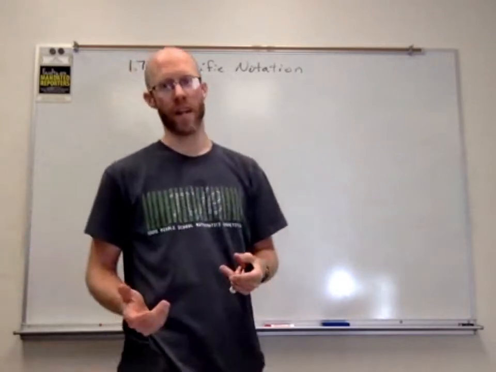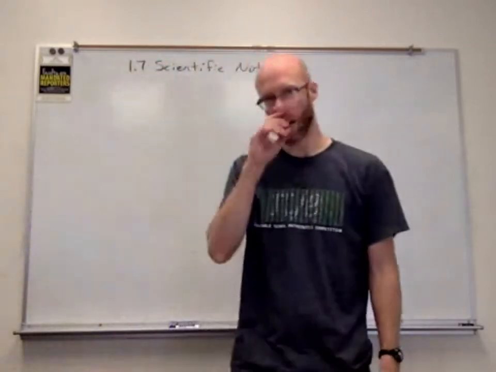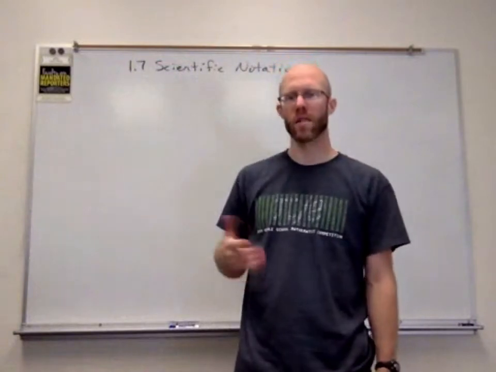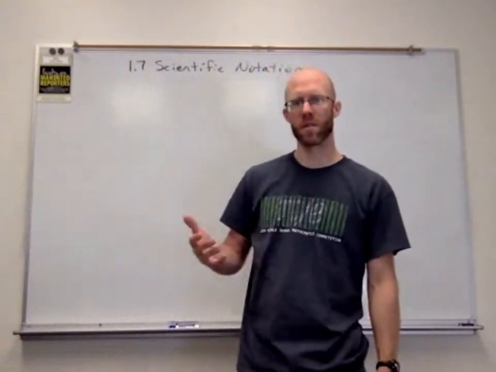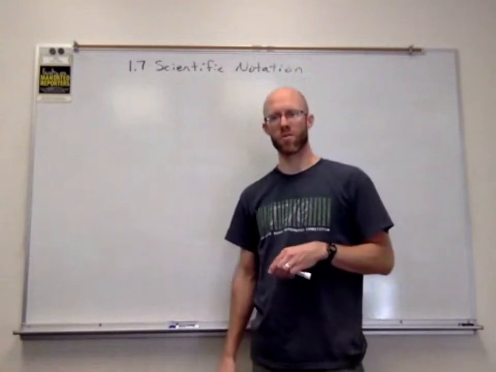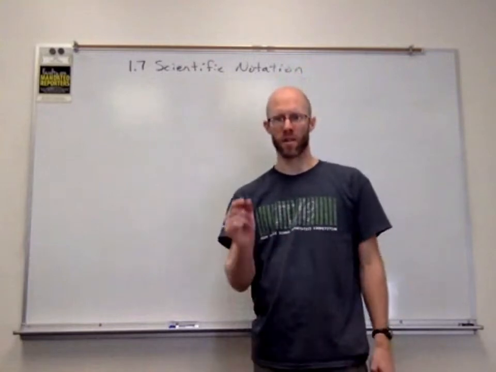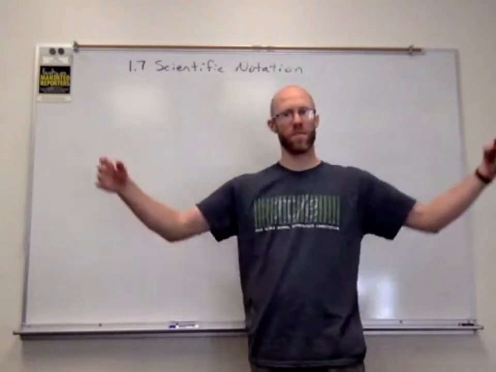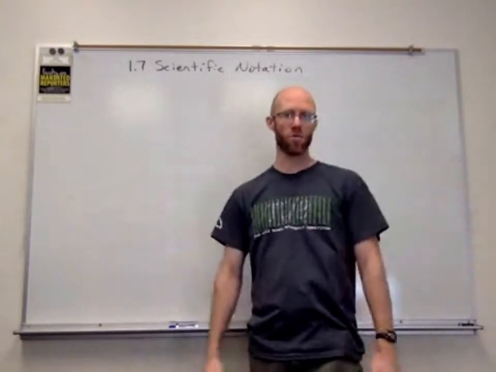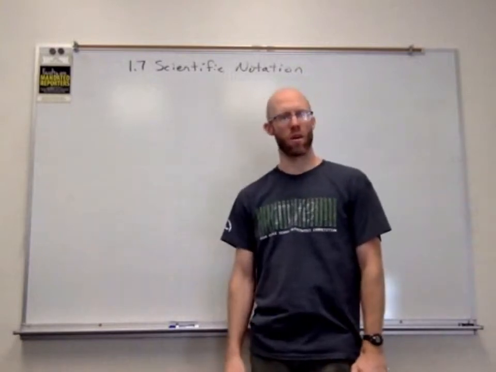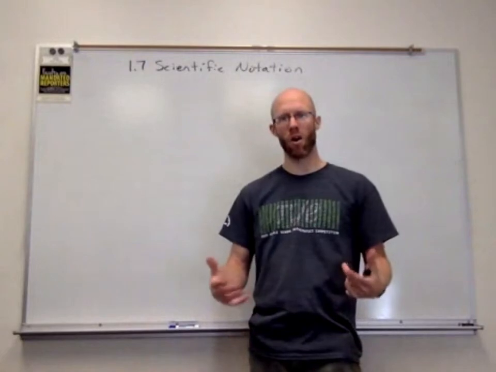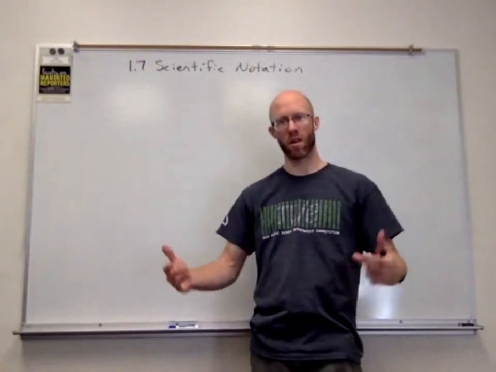You can see this in finance too, in business, and in other applications, but it typically tends to show up in physics, astronomy, and chemistry, when you're dealing with things at the microscopic level or things at the universal level. Huge things. We don't often want to write out all of the digits of numbers that are huge.